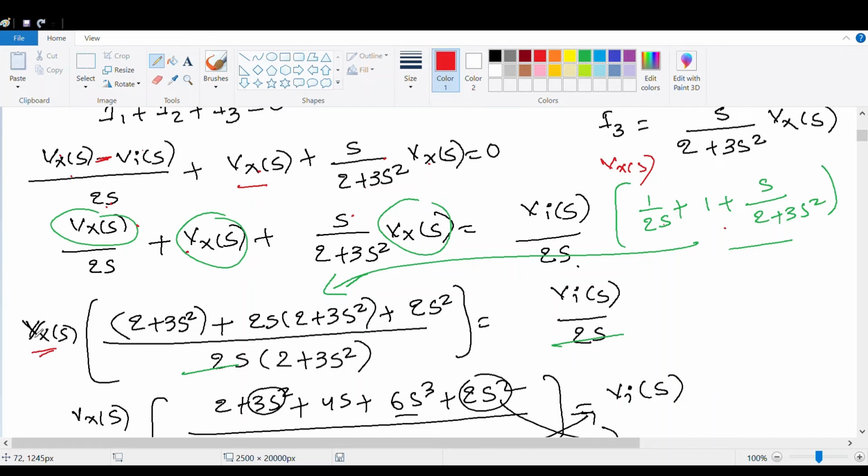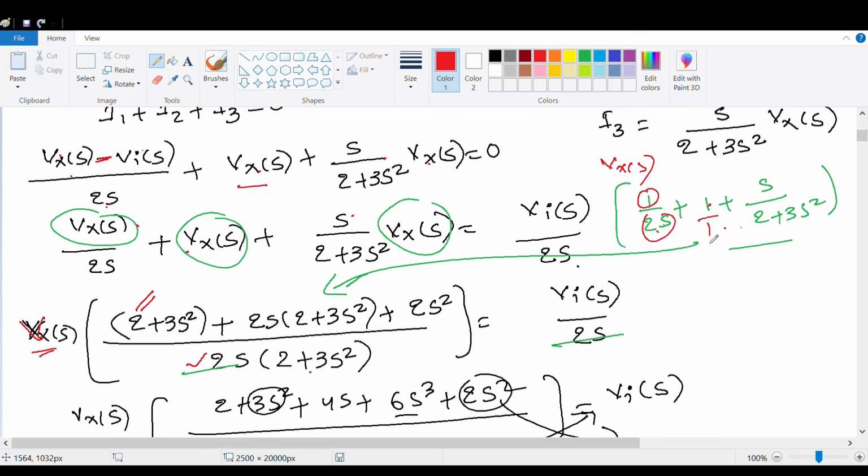I simplified this further. So LCM becomes 2s times 2 plus 3s square, and after that we need to put what is not there. 2s is already there, so the remaining is 2 plus 3s square, which I have to write here.